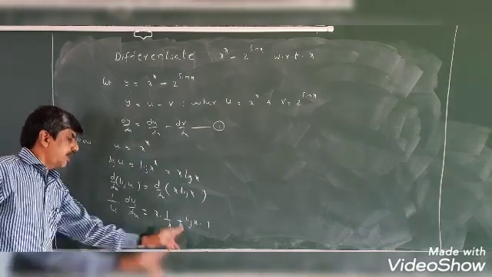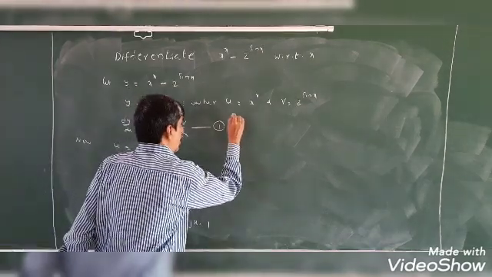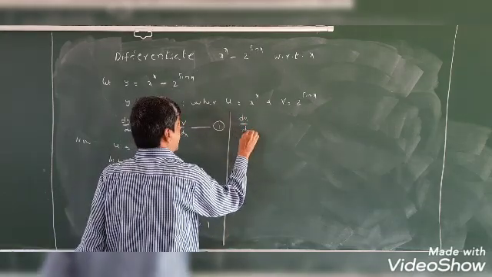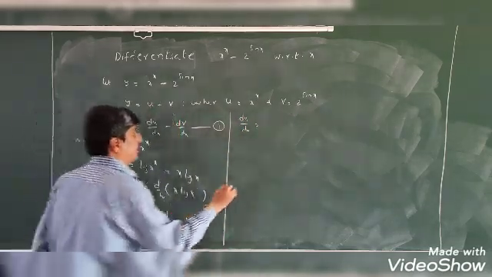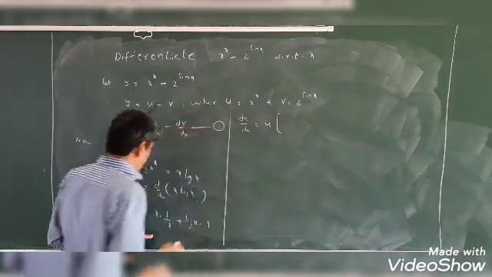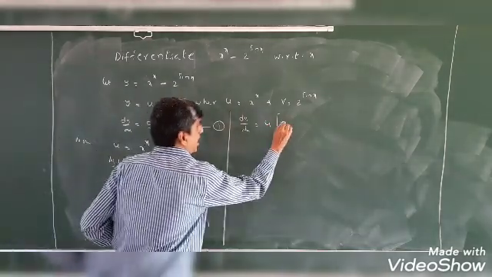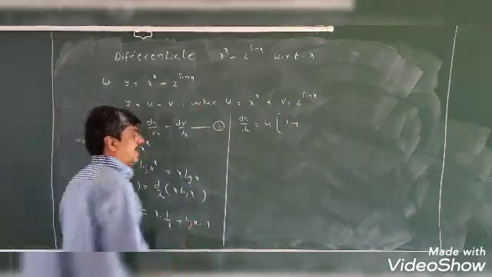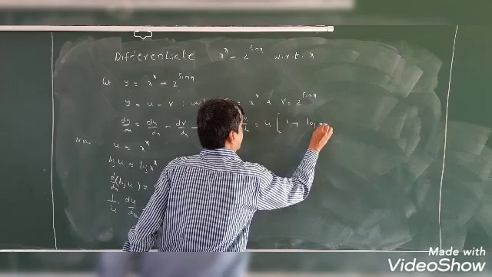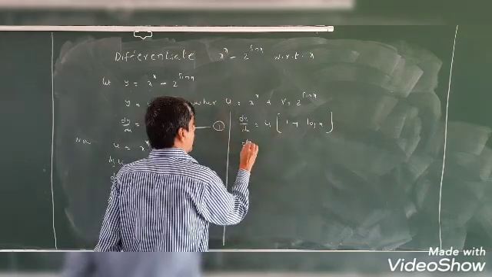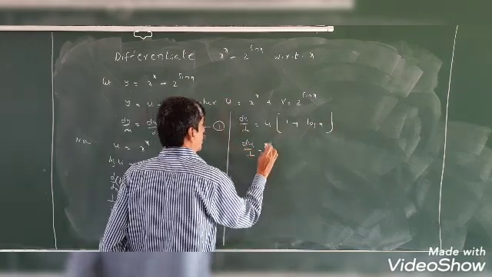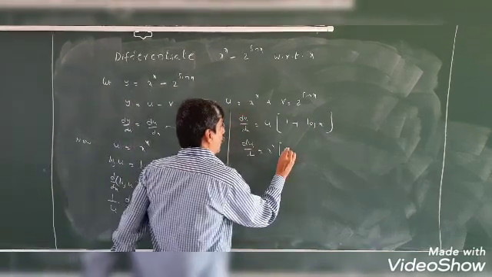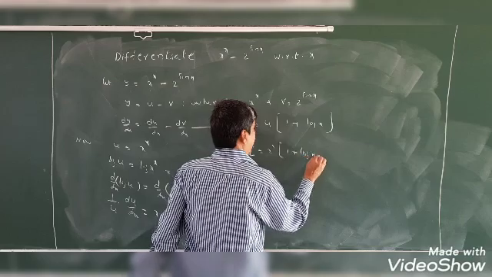Now shift the u to this side. du by dx is equal to u into x into 1 by x, so the x gets cancelled, that is 1 plus log x into 1, log x. So du by dx is equal to, u means x power x, into 1 plus log x.